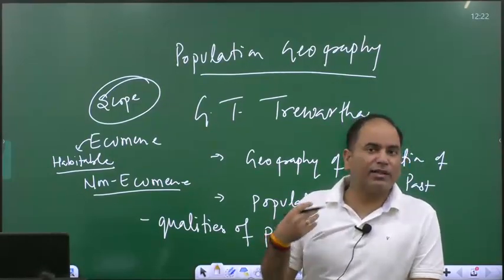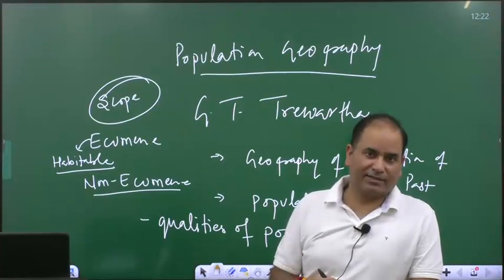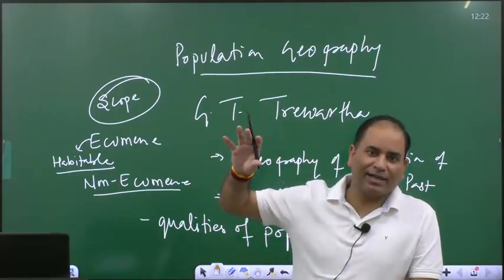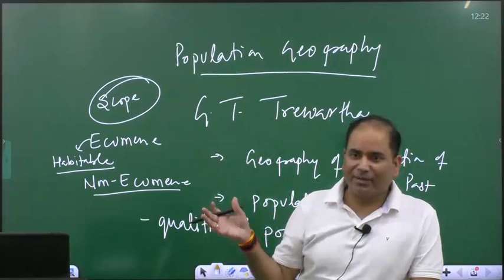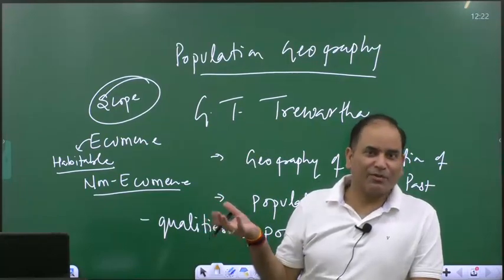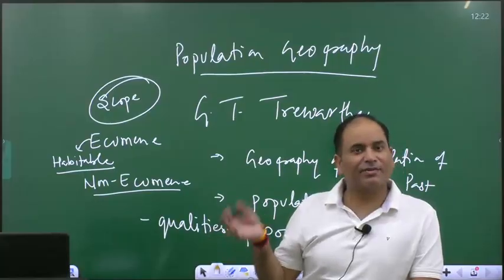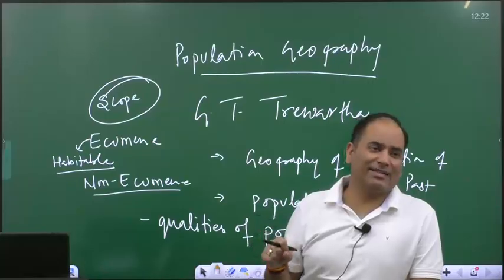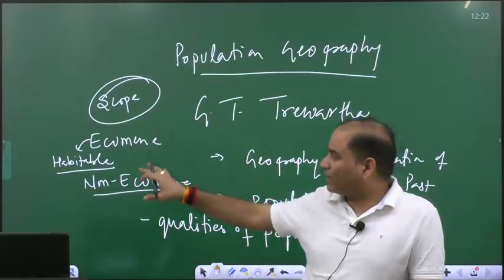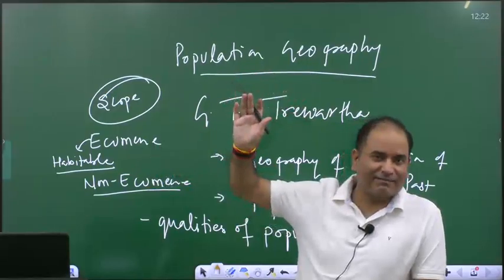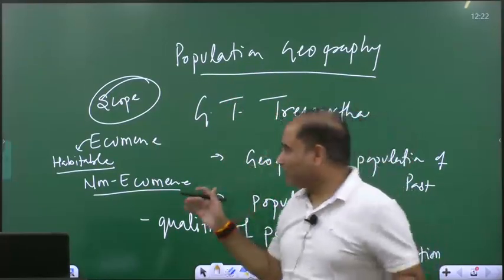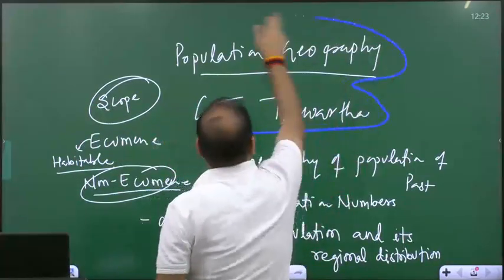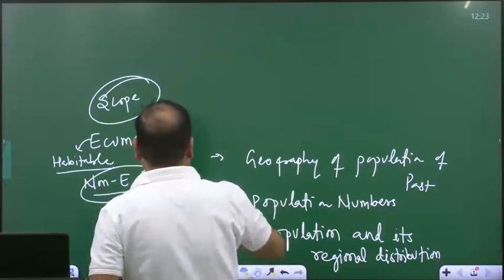in the earlier time period, the population in the hilly areas was very less. But what is the situation presently? In most of the hilly areas, the population concentration is very high. People can go to hilly areas very easily. So this concept of ecumene and non-ecumene was earlier correct, but in the present time period, lots of non-ecumene areas can be modified.